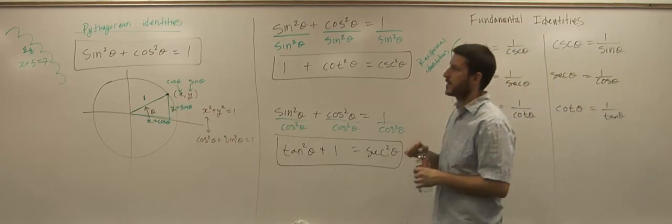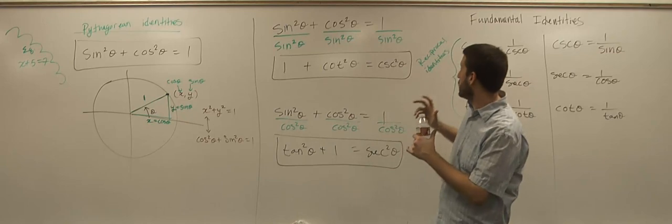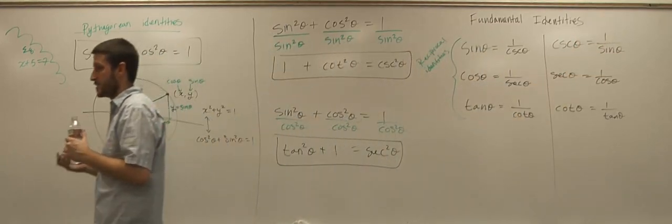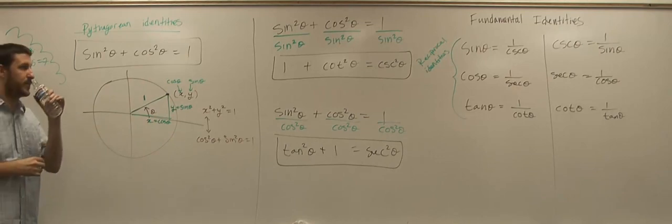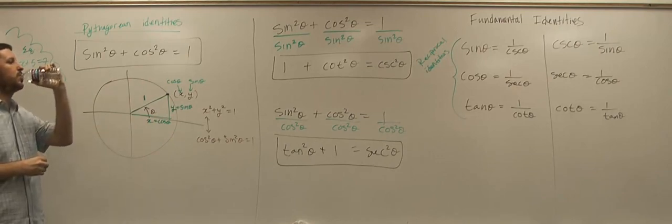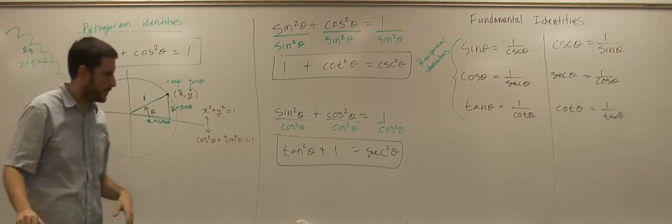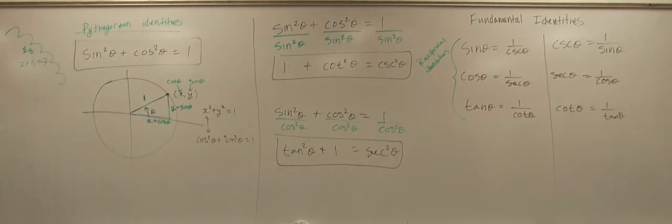I'm sure you'll find some mnemonic devices. But you have to have all three of these categories of identity down. The last three are called the Pythagorean identities.